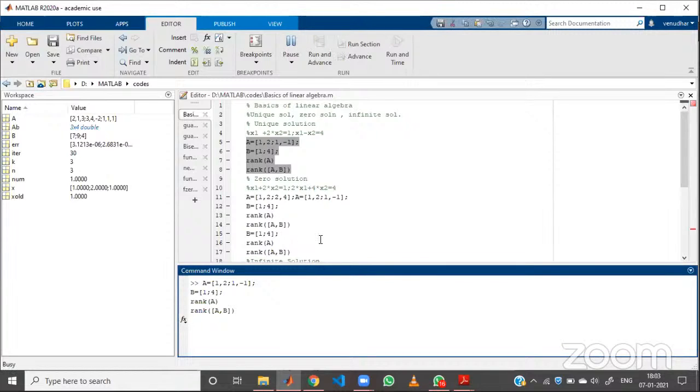We know that if the rank of the matrix is n, then we will have a unique solution.